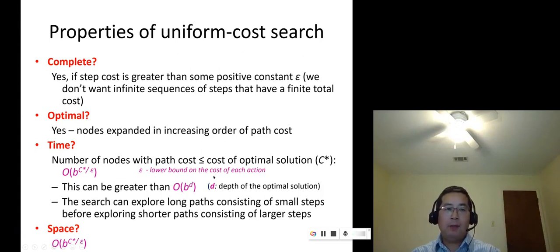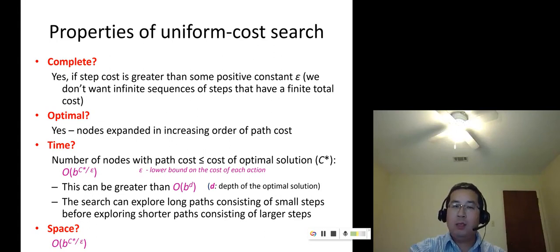The time is the number of nodes with path cost less than the cost of the optimal solution, C star. Please remember, from here until the end of the course, we always use star to represent the optimal solution. That's why we later call an algorithm A star. A star means optimal.